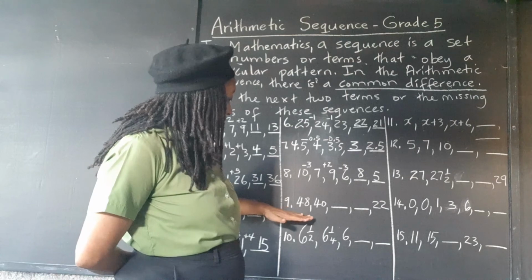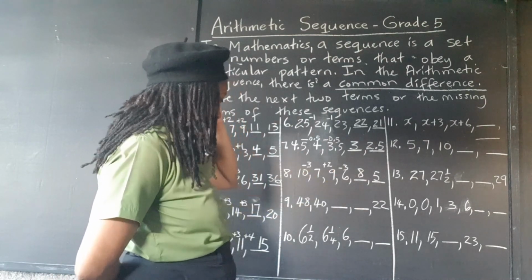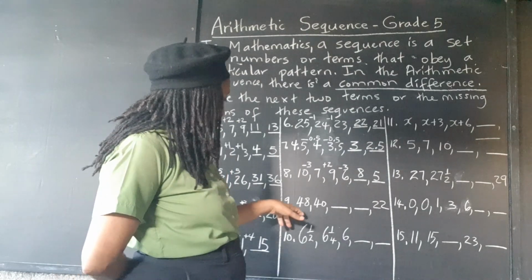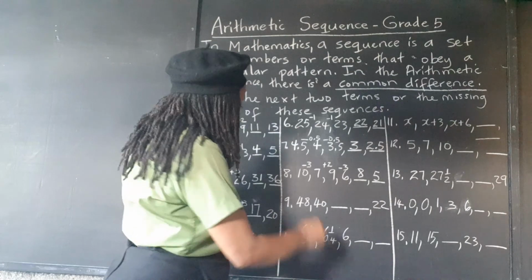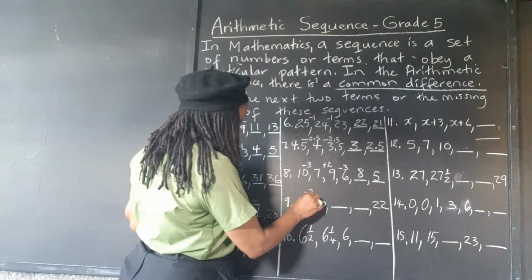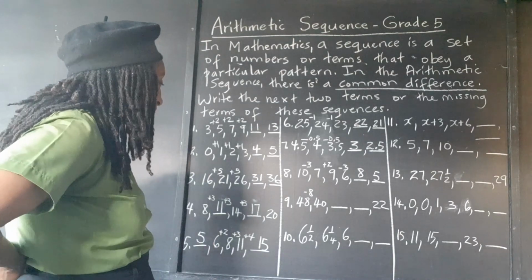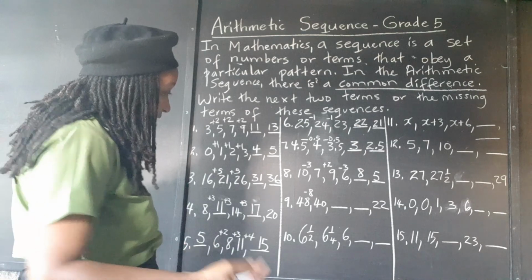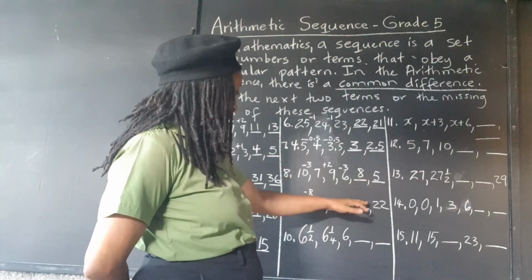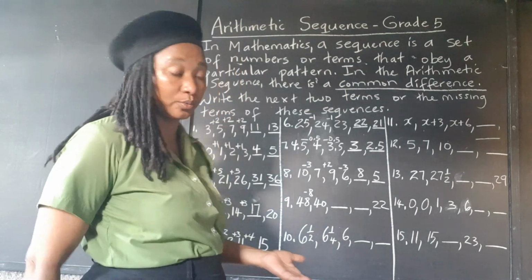Alright, these numbers are getting less. They are getting less each time. 48, take away 8. So here we'll take away 8. That will give 40. I wonder if they keep taking away 8 though. Let's see if we keep taking away 8, if we would end up with 22.